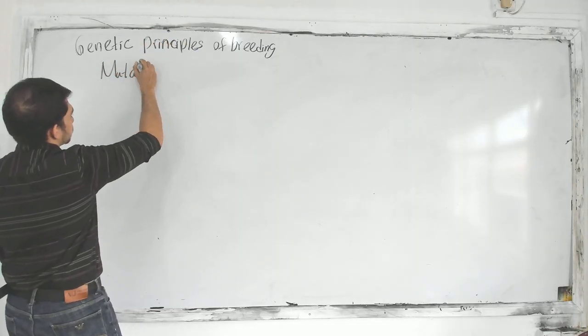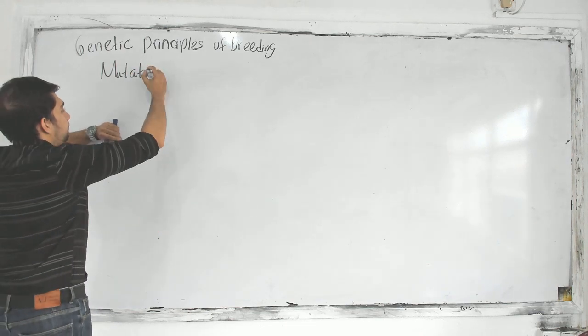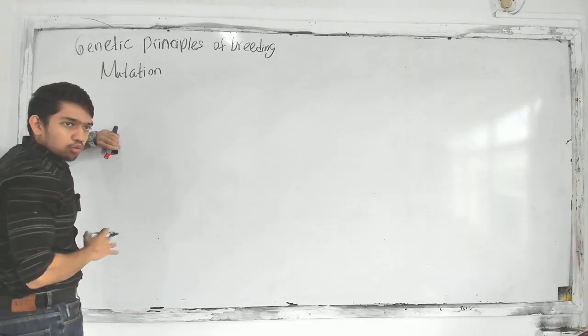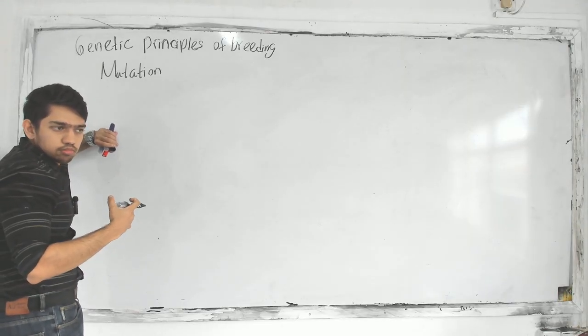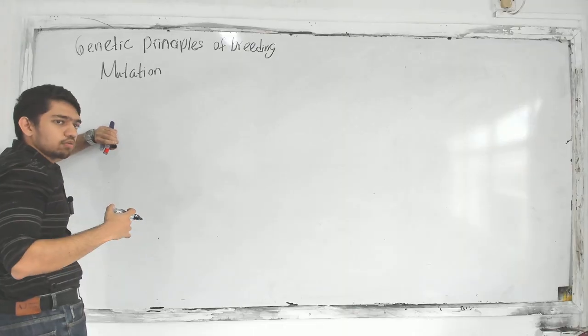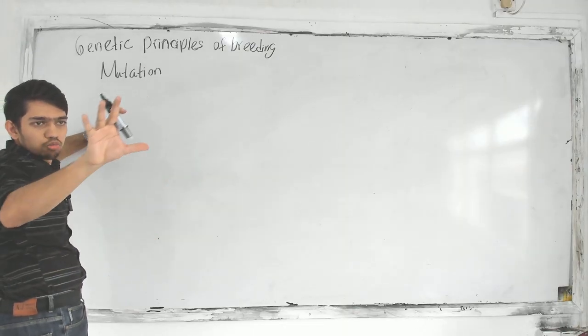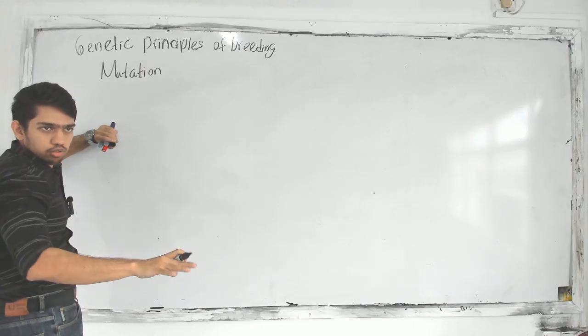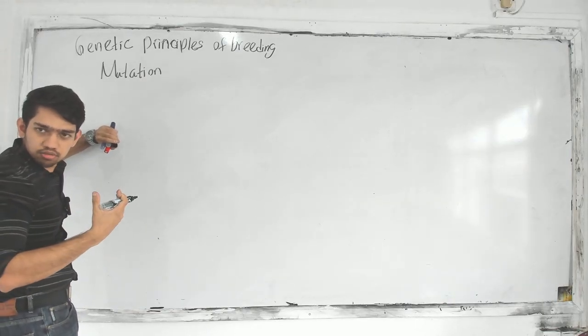That's because what is the first prerequisite? What is the first thing you need to have in order to do some sort of artificial breeding? In genetics, what is the first condition that you need to observe to decide I'm going to promote this? There has to be variation.